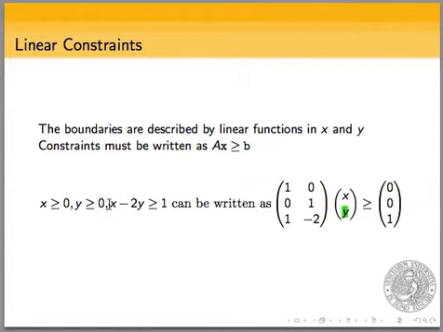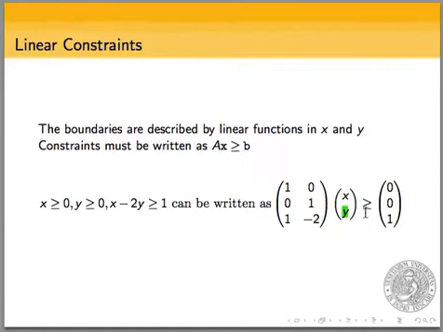The third constraint is x minus 2y, and indeed 1 is the coefficient of x. Then you have minus 2 times the relative y here, which is going to produce x minus 2y.